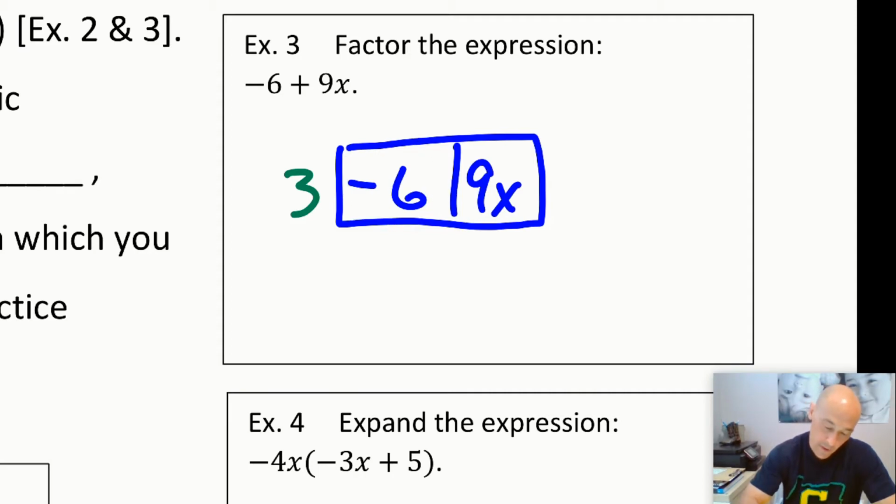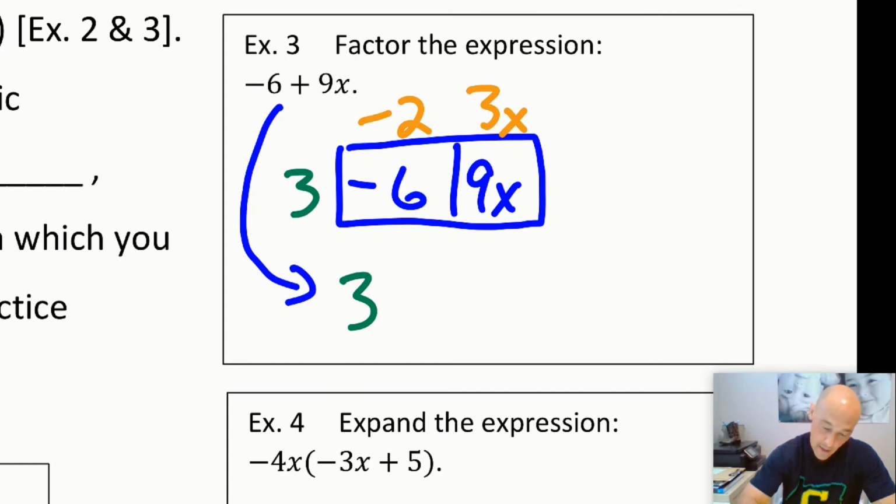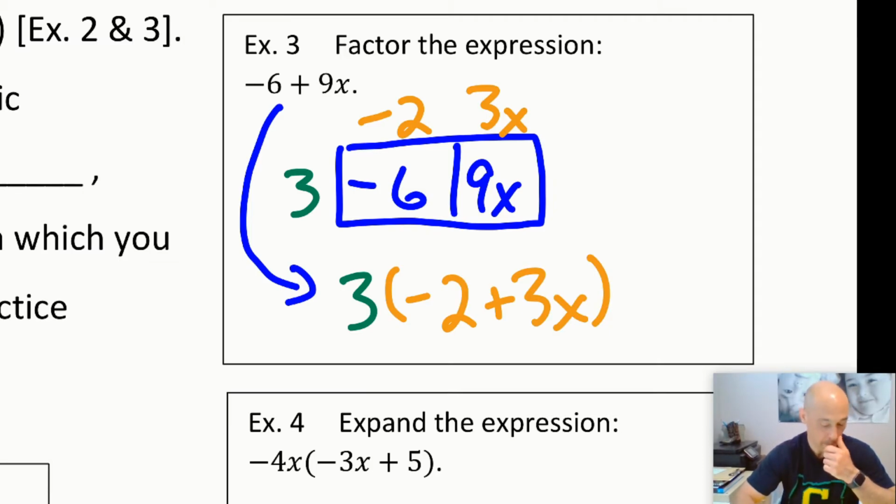Negative 6 divided by 3 is negative 2. 9x divided by 3 is 3x. So we can rewrite our original expression as 3 times the quantity negative 2 plus 3x. And that's factored.